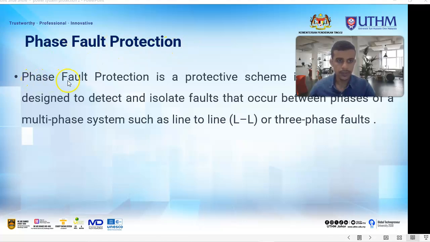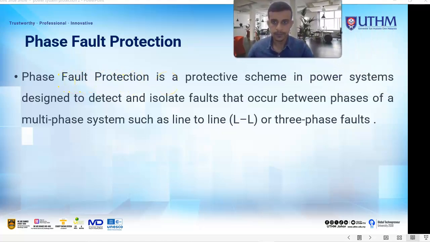Phase fault protection is a protection scheme in a power system which is designed to detect and isolate faults that occur between phases of a multi-phase system, such as line-to-line or three-phase faults.